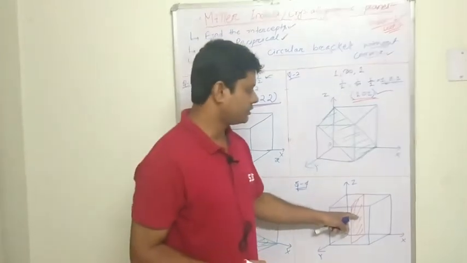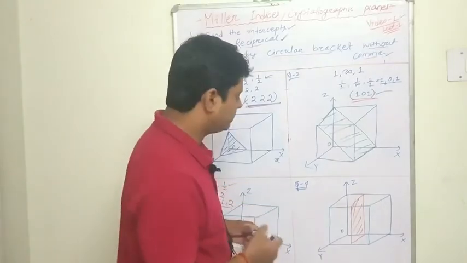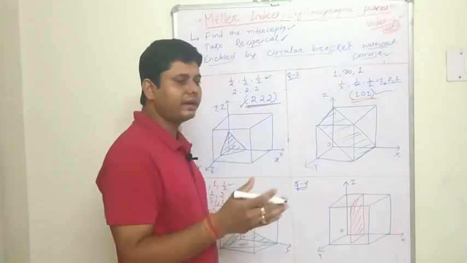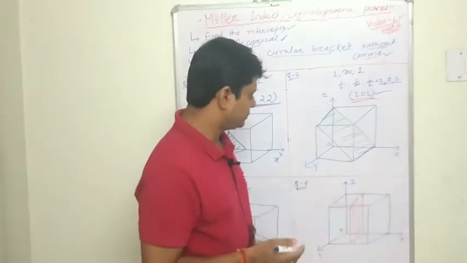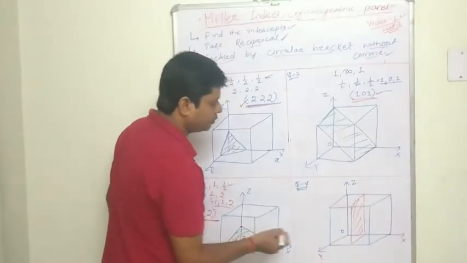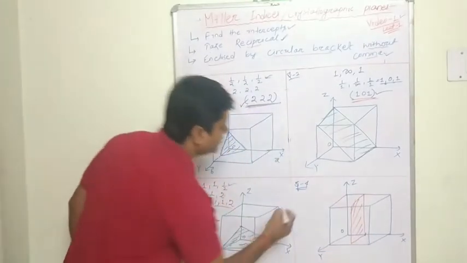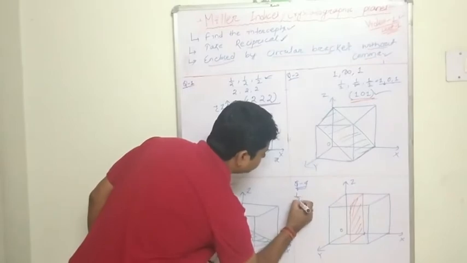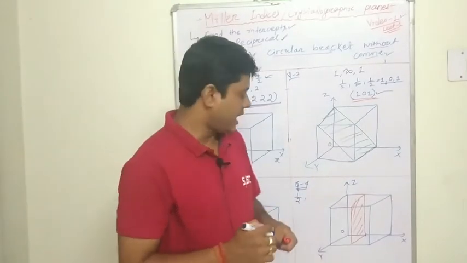Now we consider this plane. Let us find where it cuts the axes, all three axes intercepts. This plane cuts the x-axis at 1 by 2, so the x-intercept is 1 by 2. Where will it cut the z-axis and y-axis?